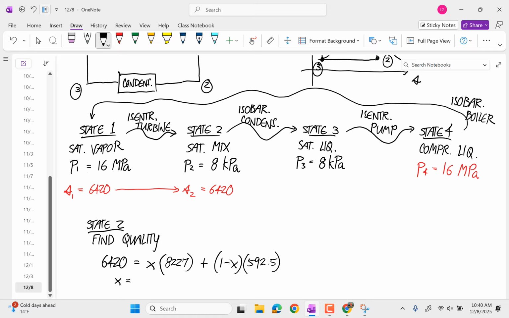So 6420 minus 592.5, and then divided by 8227 minus 592.5.